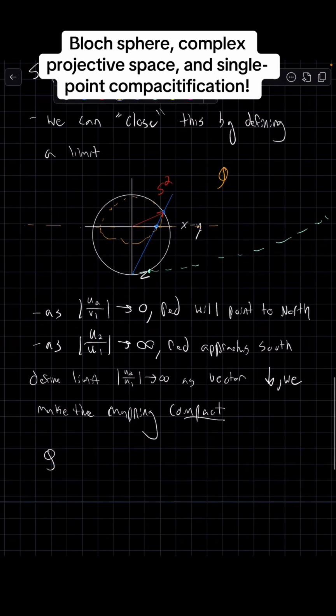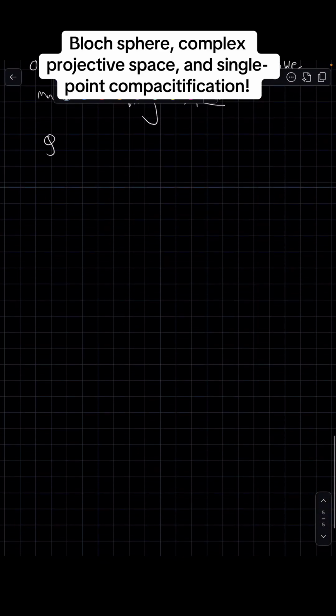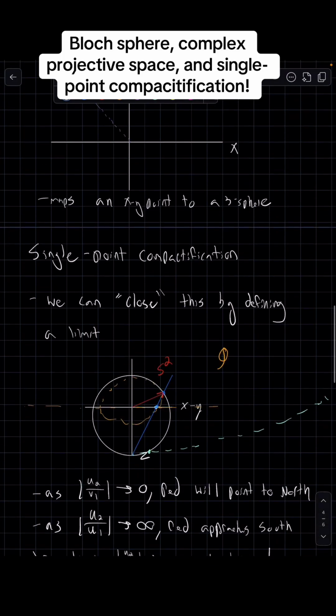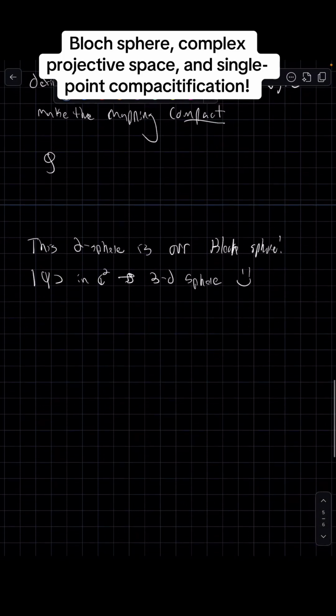It's perfectly symmetrical in phi. And this 2-sphere is our Bloch sphere, where we take some state in C2 and we map it to a 3D sphere. And that's mathematically how it works.